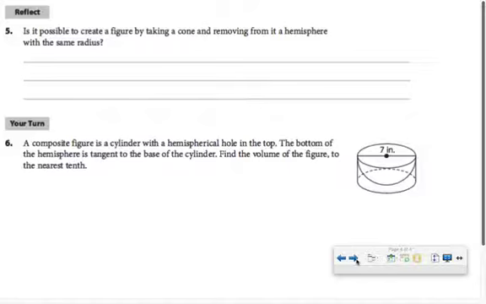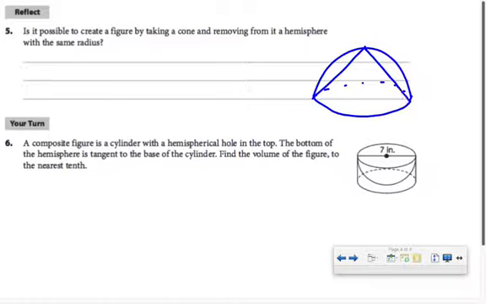Is it possible to create a figure by taking a cone and removing it from a hemisphere with the same radius? Well, forgive my drawing skills, but let's consider a hemisphere and a cone removed from it. Sure, it's possible.